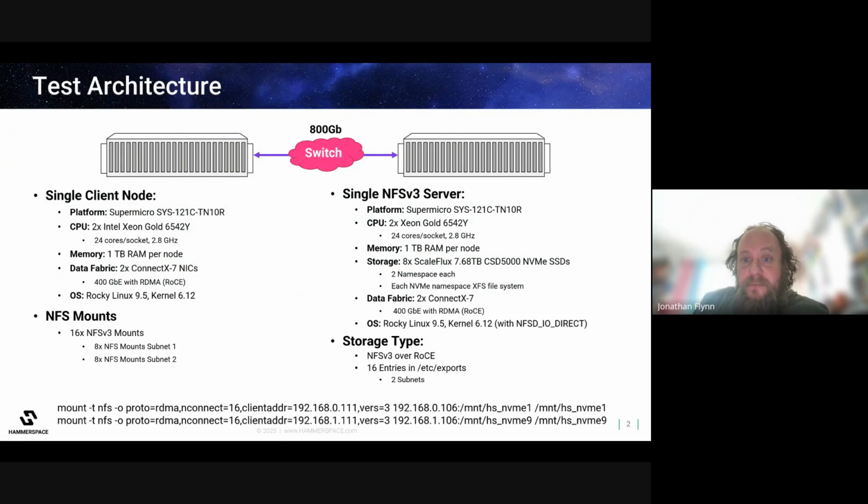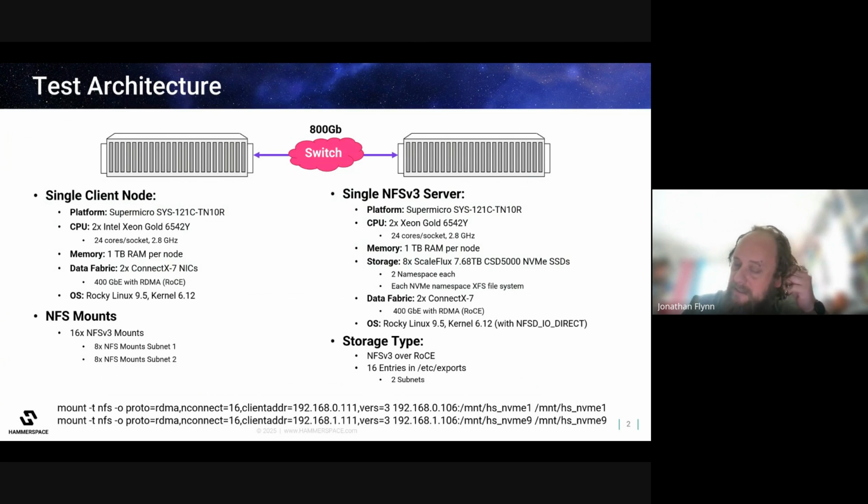Memory on the backend server is 1 terabyte. I have 8 Gen 5 ScaleFlux NVMe drives. They're spec'd at 14 gigabytes a second read and 11 gigabytes a second write. And so the idea here is that these NVMe drives are well suited to saturate the network. The network is composed of 2 ConnectX-7s connected at 400 gigabit each.